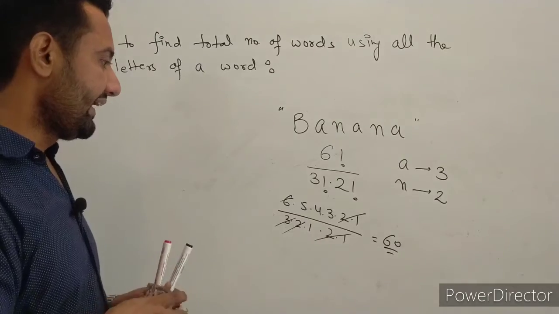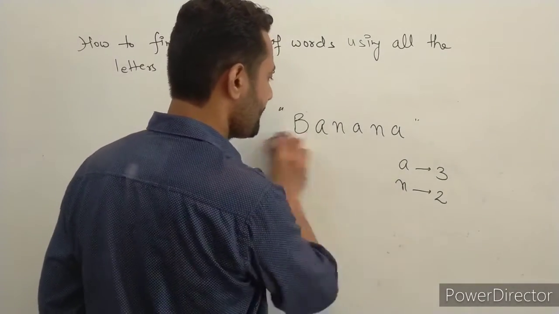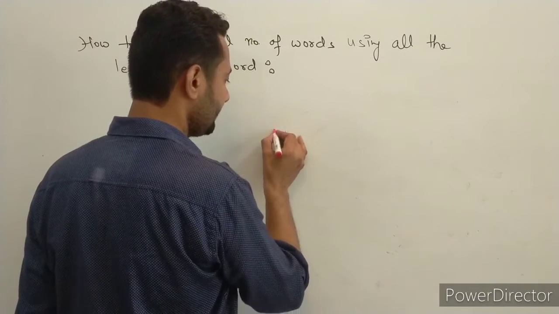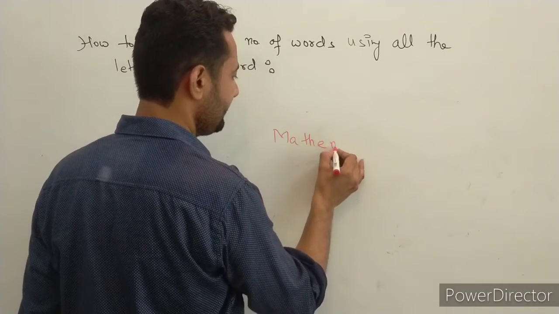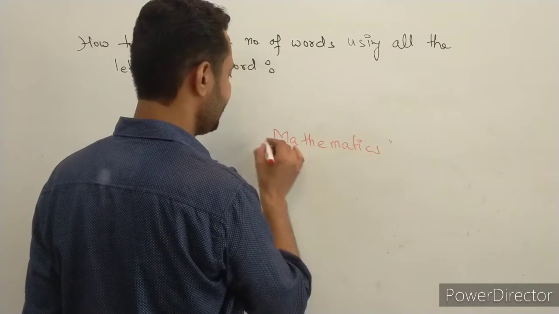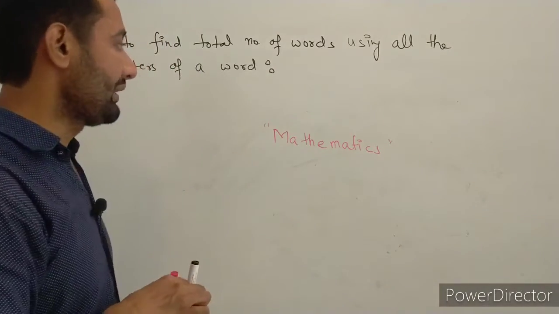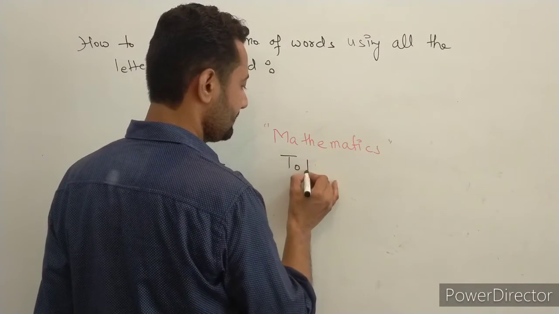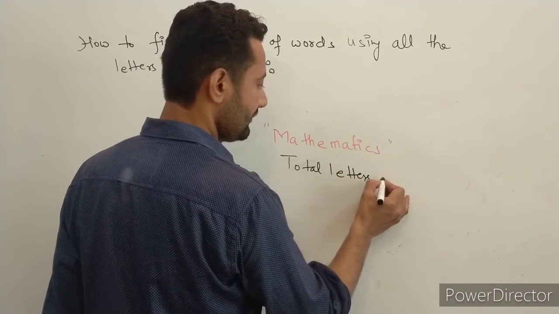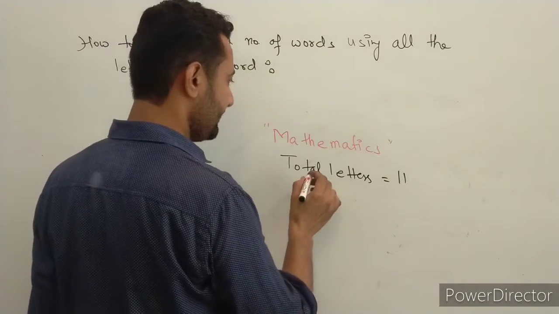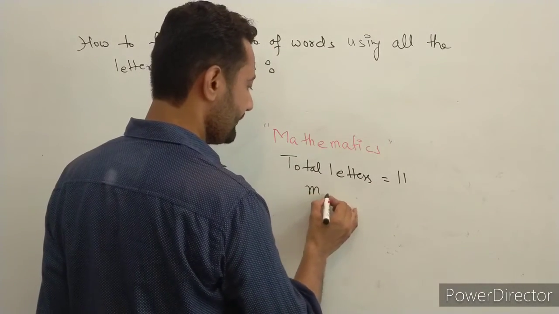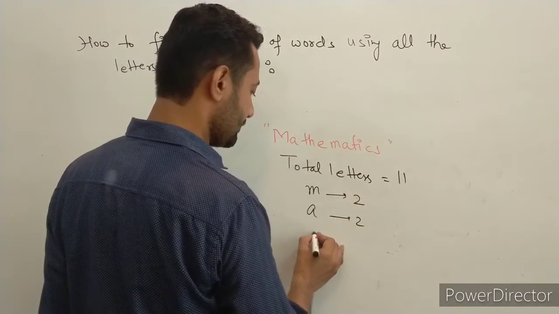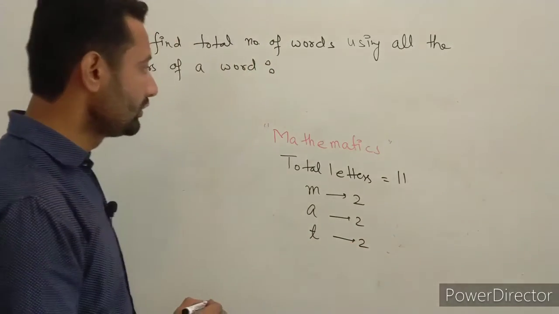Similarly, if we have a last word, mathematics, we know the word mathematics has 11 letters in total, in which M is repeated twice, A 2 times, also T 2 times.